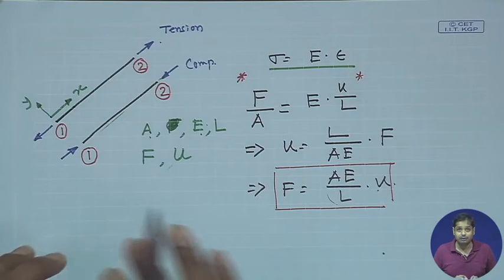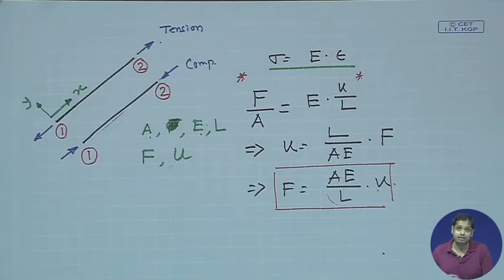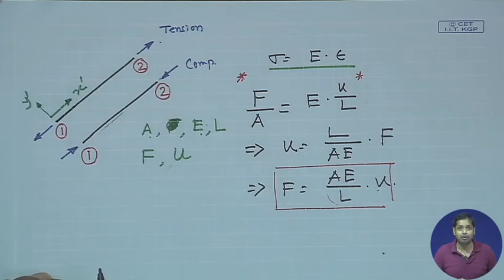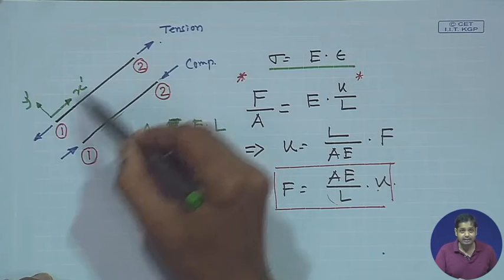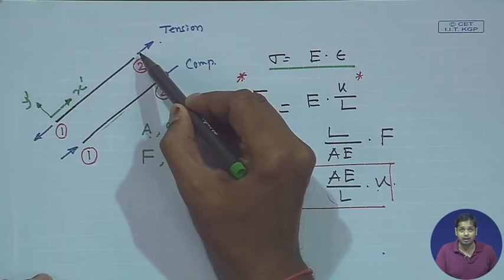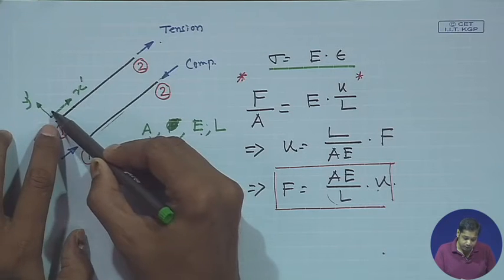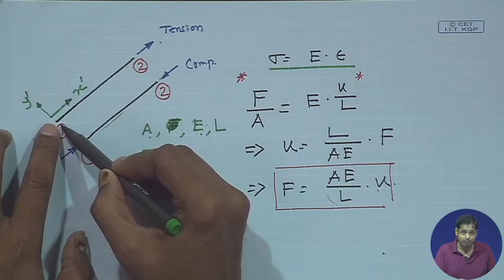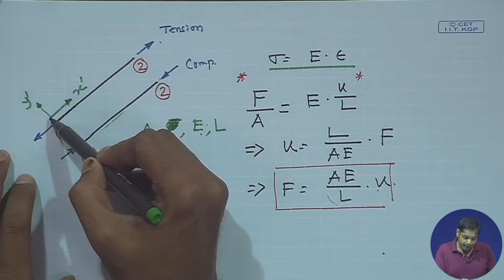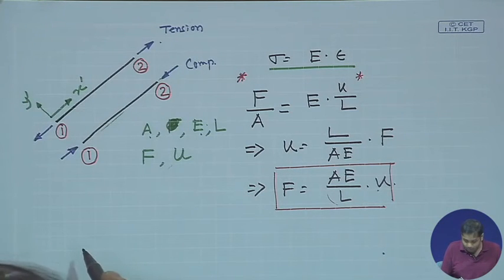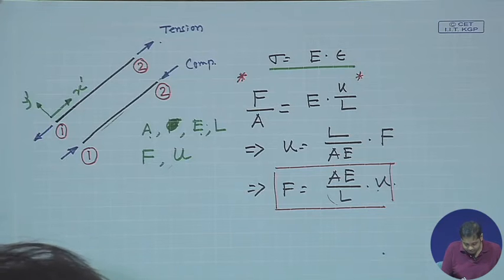In order to differentiate between the global and the local coordinate systems, let us write it as x dash, y dash. x dash is along the length of the truss, the origin of this coordinate system is at point 1, and y dash is this. This is the local coordinate system, whereas the global coordinate system is like this.